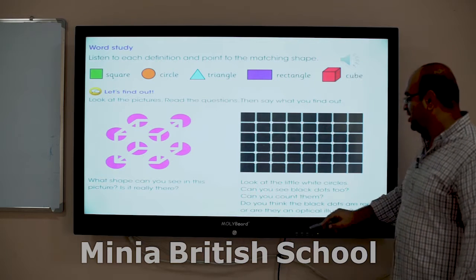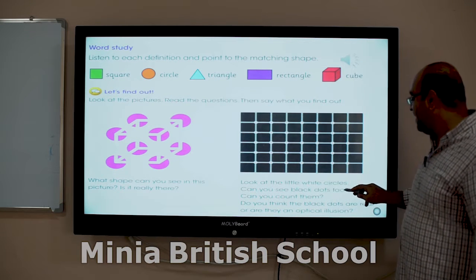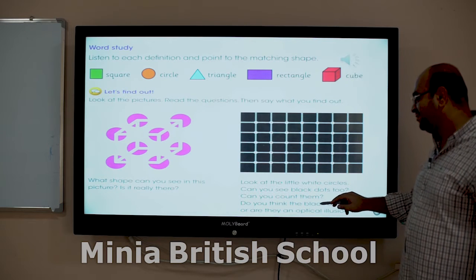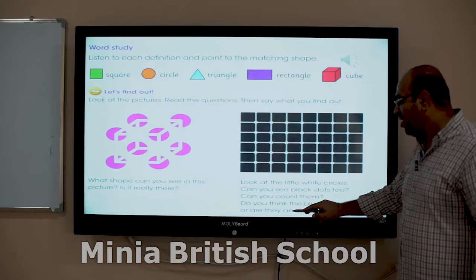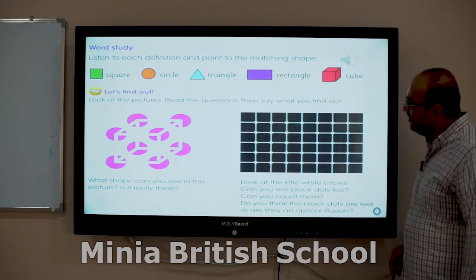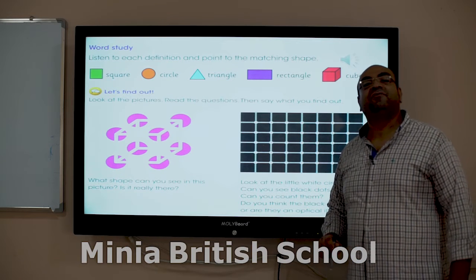The same here. Look at the little white circles. Can you see black dots too? Can you count them? Do you think the black dots are real? Are they an optical illusion? Of course they are. That's the unit of games.